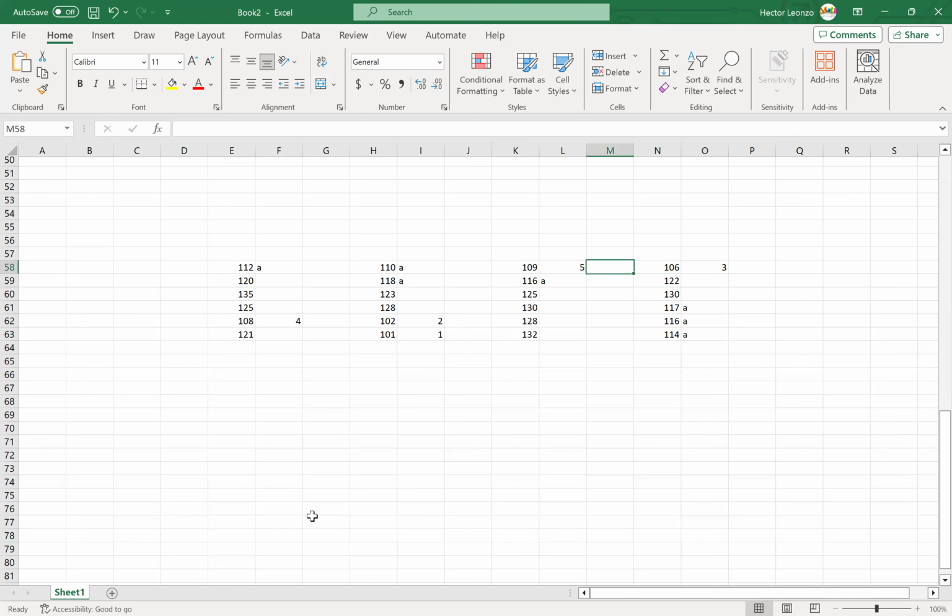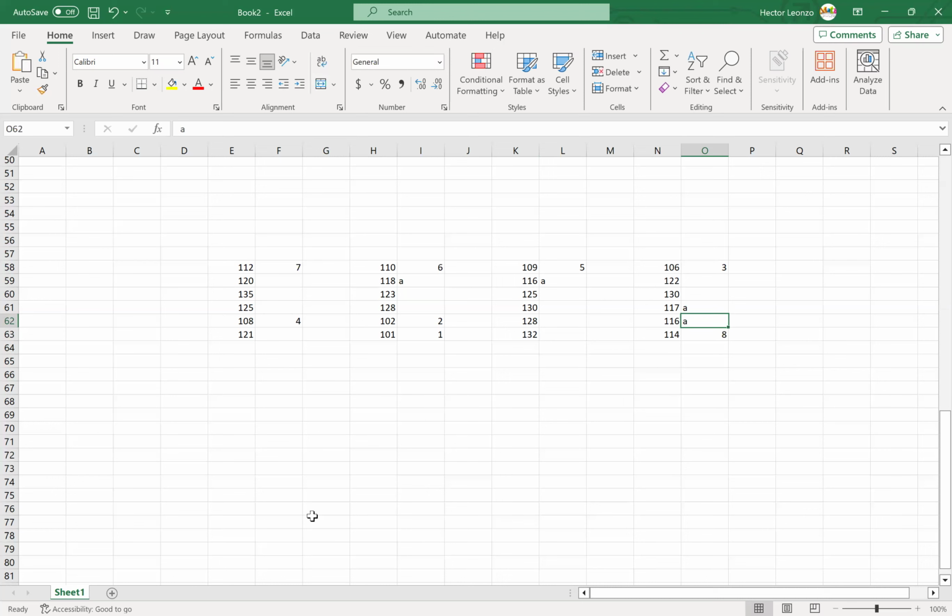Okay, so we stopped at 5, right? So this is gonna be 6. This is gonna be 7. Remember, going from small to large. This is gonna be 8.